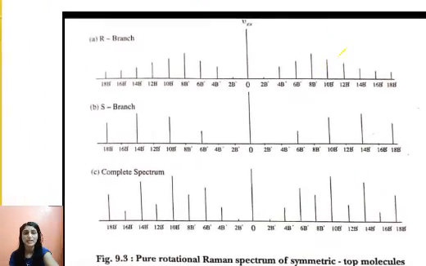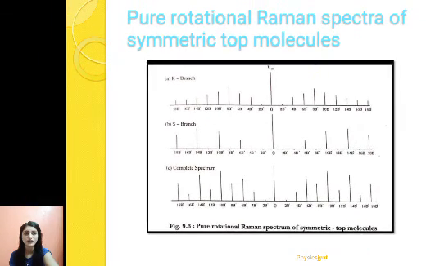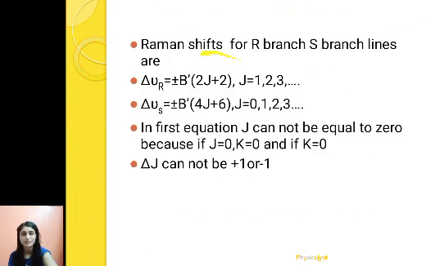If you check the Raman spectra, or here what you can do, substitute j equals 0. If I substitute j equals 0, I will get 2b dash. If I substitute j equals 1 here, I will get 1 into 2 plus 2, which means 4b dash. Similarly, 6b dash, 8b dash, 10b dash, and so on. So I get R branch lines at a distance of 2b dash, 4b dash, 6b dash, 8b dash, and so on.